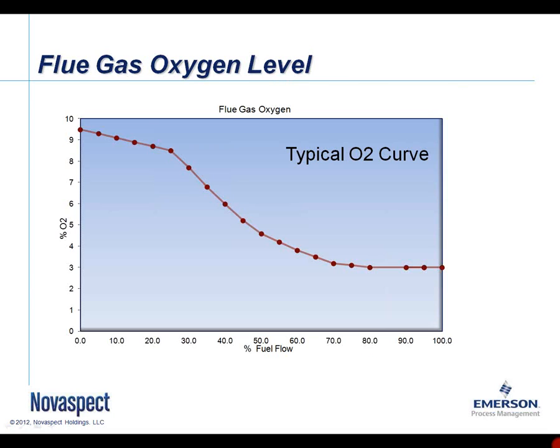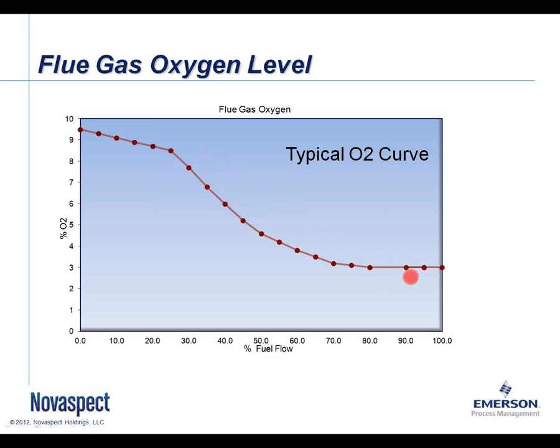Once we get all this completed and we've done all the data collection Tom talked about, into this O2 curve, we end up having an O2 curve that looks like this. And our goal here is that the set point of our oxygen trim controller is going to vary as we change from 0 to 100% fuel flow, starting from higher numbers and then see how it drops.